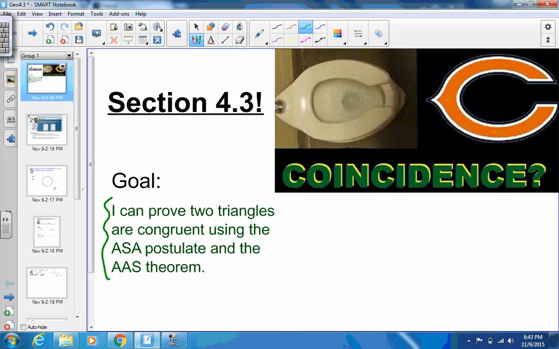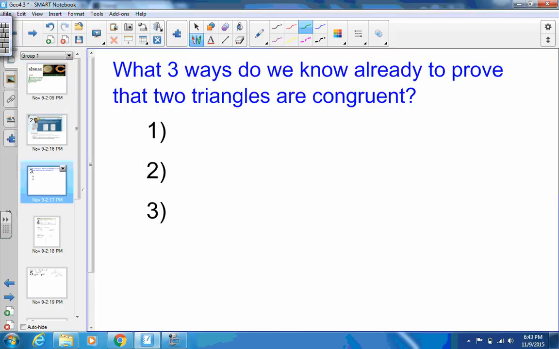And just to recap, we have talked about three different ways to prove two triangles are congruent. Can you name any of them? Well, we've talked about the side side side postulate, where if you have all three sides of one triangle congruent to all three sides of another triangle, then the triangles are congruent.